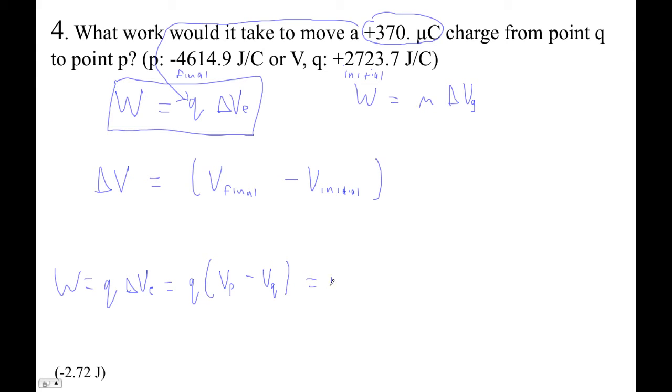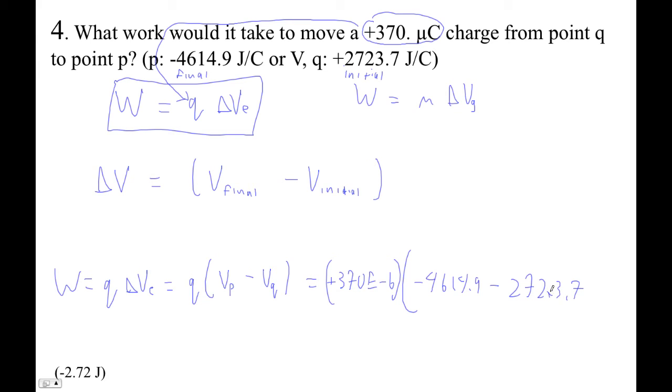Okay, so I'm going to go positive 370 E minus 6, and then my final is negative 4614.9 minus my initial, 2723.7.